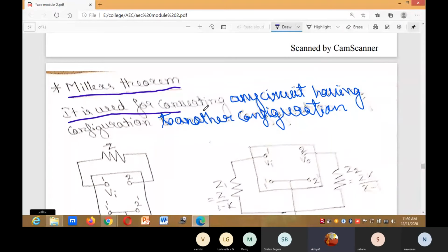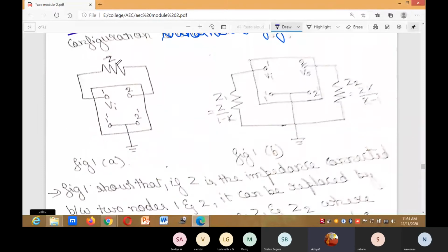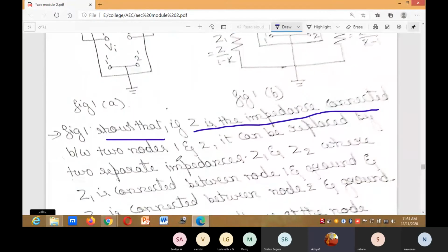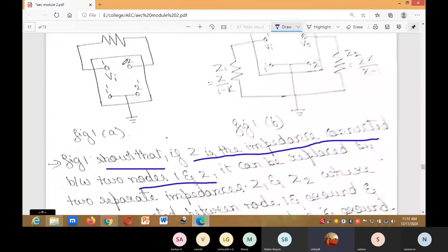It is used for converting any circuit having one configuration to another configuration. You can observe this figure: Z is the impedance connected between node 1 and node 2.